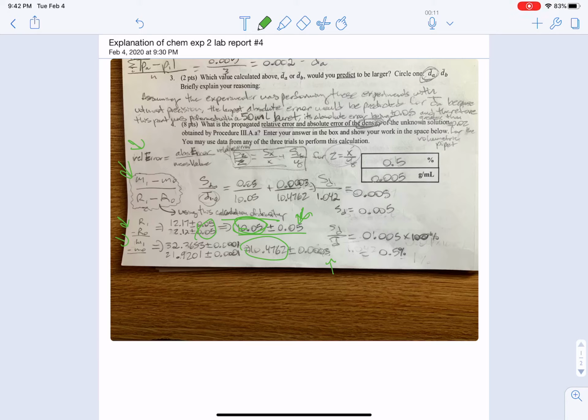And then this value is 0.0003 and not 0.0002 because you are trying to take into account here the tare of the mass, right? These two values only take into account the absolute error of the analytical balance. However, you add 1 to take into account the absolute error of the tare, or whatever error is involved there.